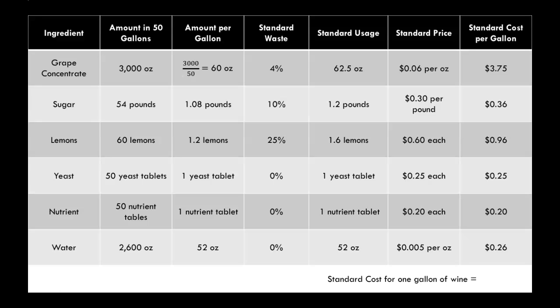So the standard cost for 1 gallon of wine will just be the sum of all of your standard costs that you just found. The $3.75 plus the 36 cents plus the 96 cents. We add all of those values together and we see that the standard cost for 1 gallon of wine is $5.78.